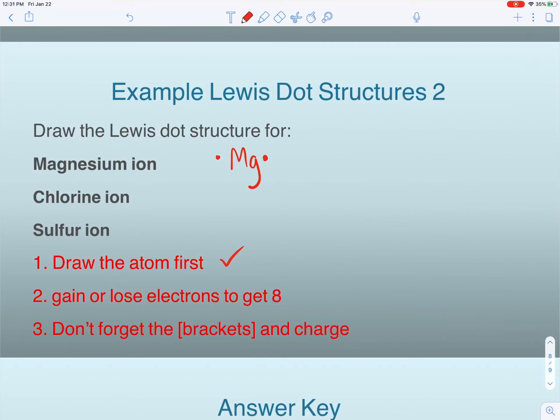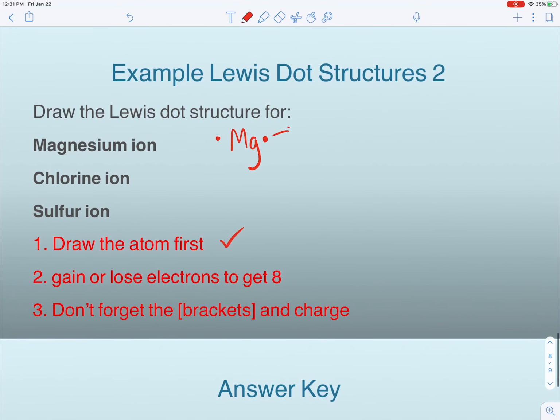Since magnesium only has 2, it's going to be a lot easier for it to simply lose those electrons. If it loses 2 electrons, we're left with none and a +2 charge. When you lose electrons, you form a positive charge. If you gain electrons, you'll form a negative charge.